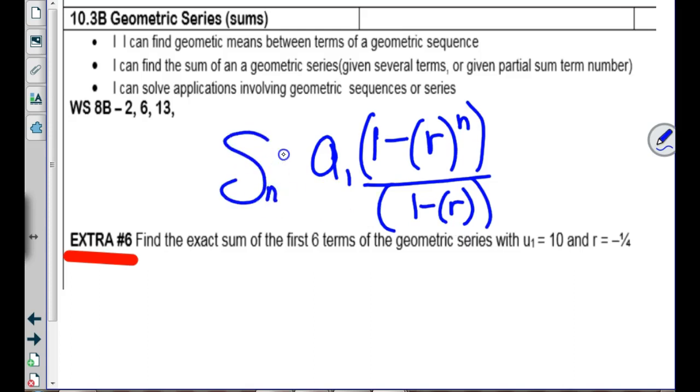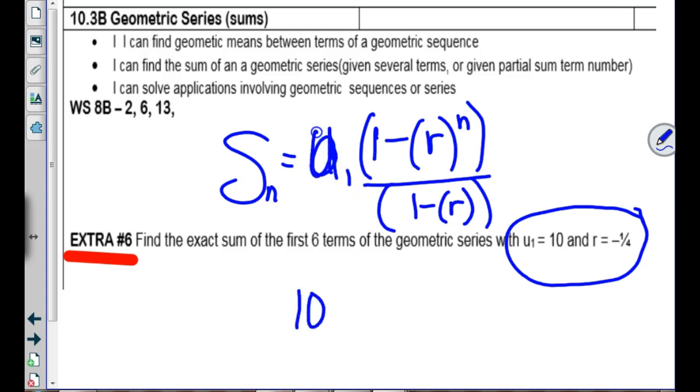This is geometric sums. Let's find the exact sum of the first 6 terms of this sequence. So this is simply a calculator typing question. It's using U instead of A, that's all.